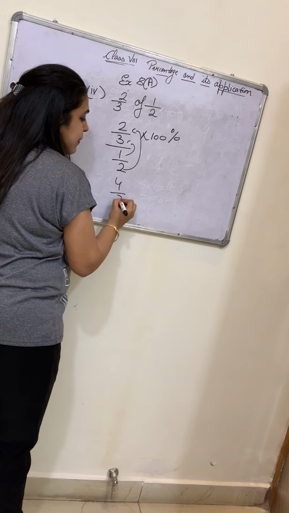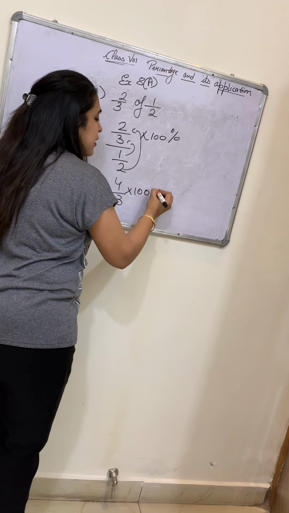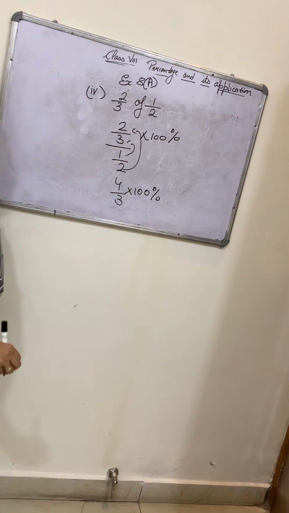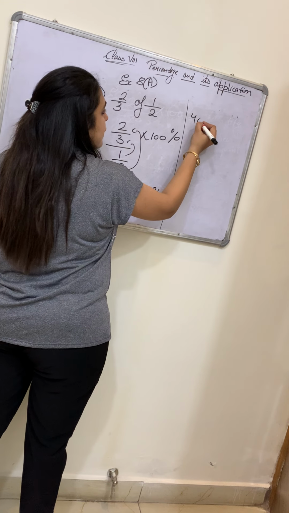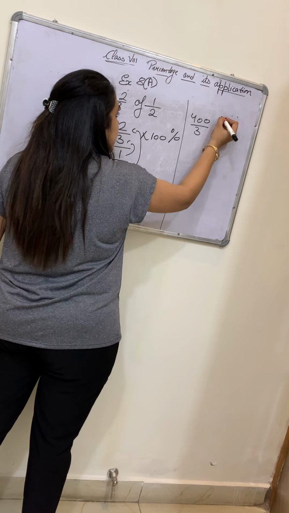This becomes 4 upon 3 into 100%, that is 400 upon 3.